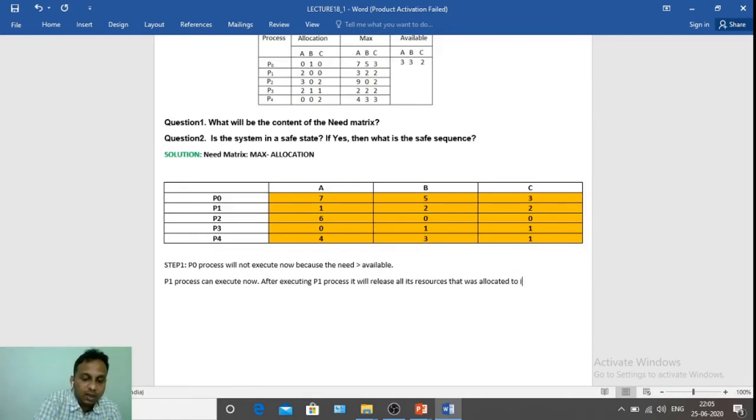So it will release all the resources that was allocated to it. So the available matrix will be available matrix.